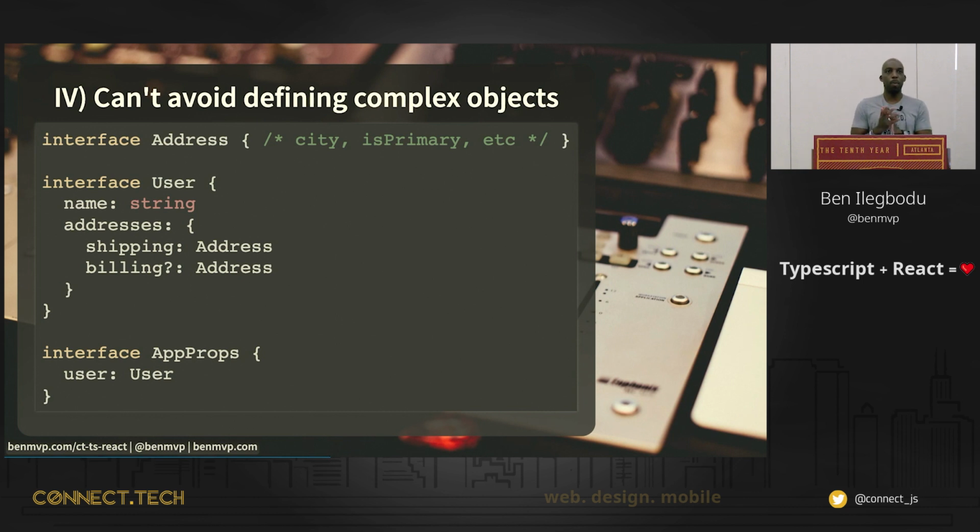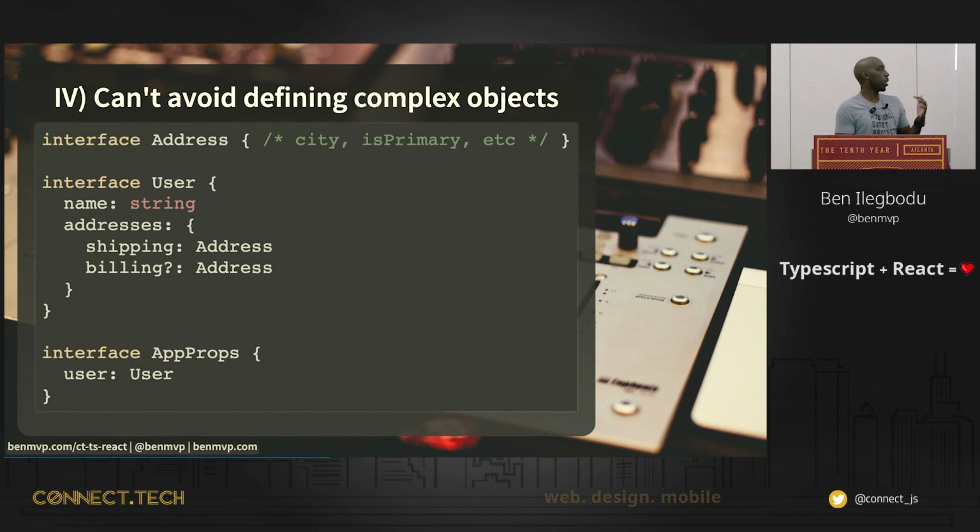And user has two properties. It has the name of the user and then the address. And the address is another object that has some complex properties, shipping and billing, right? And billing is optional here, got the question mark. And then the address has city, state. It could have other properties that are more complex things.